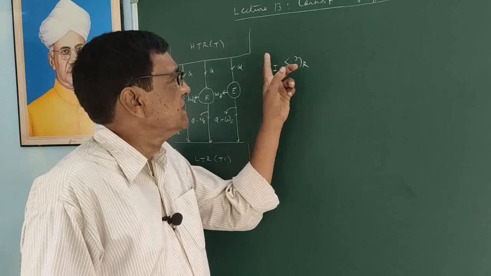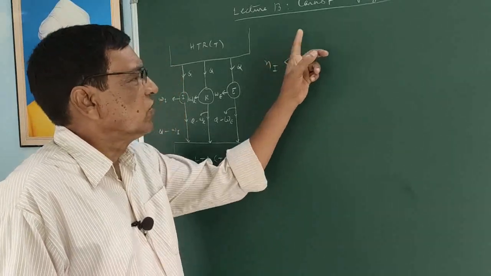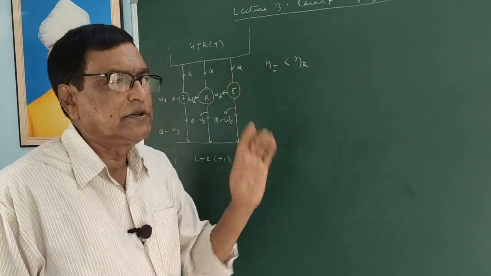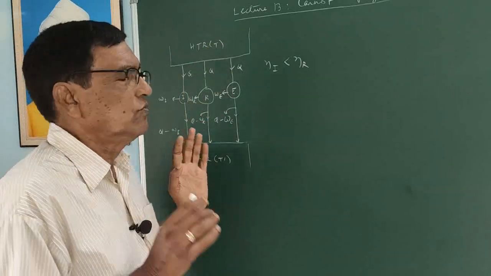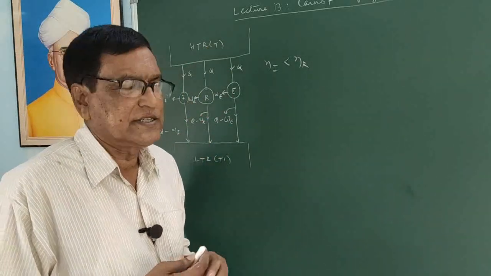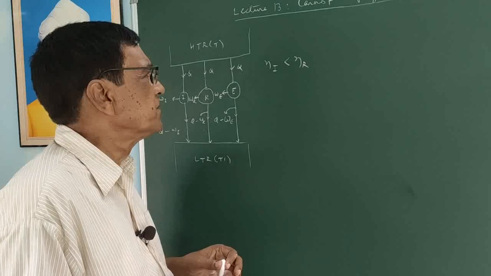So the efficiency of an irreversible engine is always less than that of a reversible engine working between the same two thermal reservoirs.